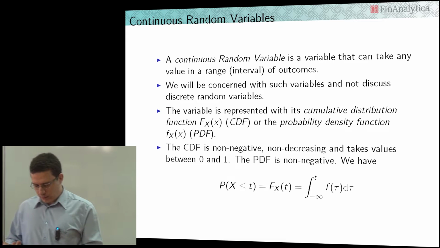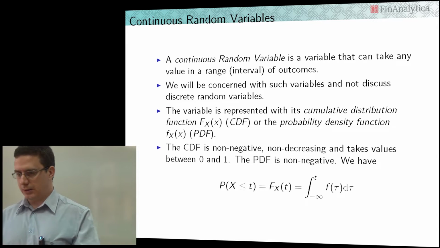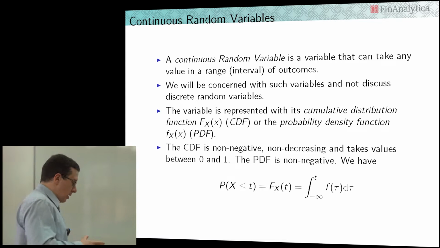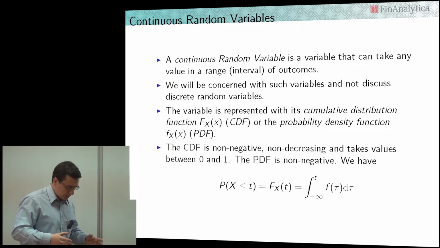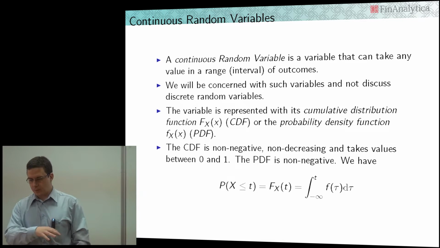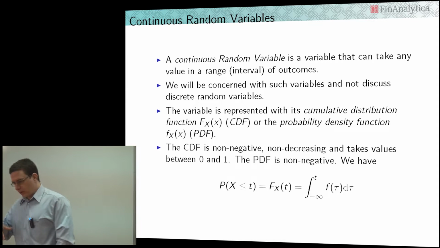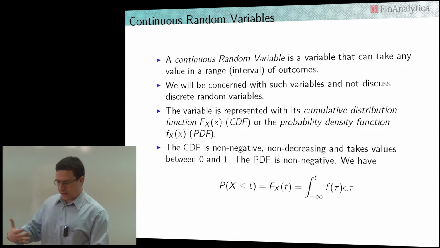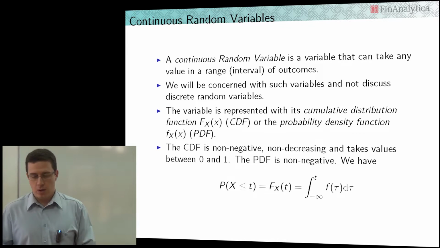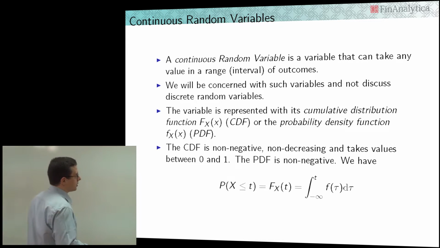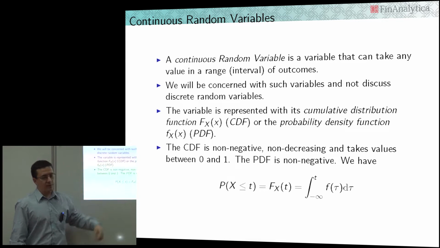Once we have the variable, we need a way to actually work with it. The random variable is just something that maps to the probability space. But in order to mathematically work with it, we need a function. And the function usually is the probability density function, if it's an absolutely continuous random variable, or the cumulative distribution function.